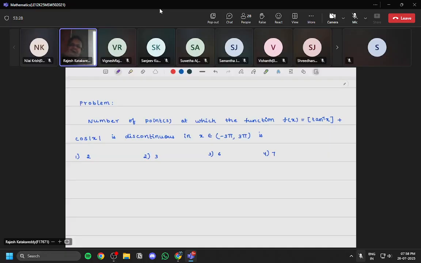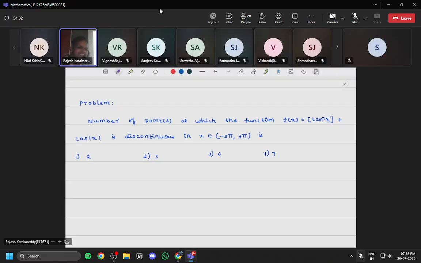Then the number of discontinuous or non-differentiable points will be the number of integers in the range of tan inverse x. Sorry, just tan inverse x. So what is the range of tan inverse x? Minus infinity to plus infinity? No, minus pi by 2 to plus pi by 2. How much is pi by 2 approximately? Minus 1.57 to plus 1.57.